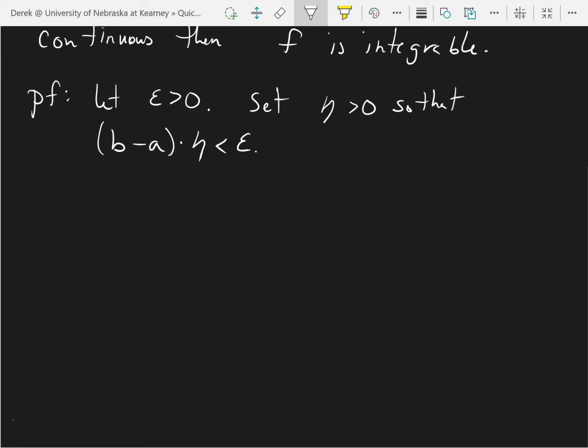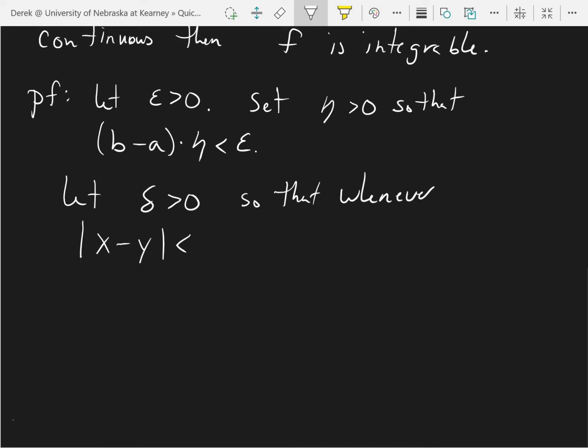We want to choose eta greater than 0 so that b minus a times eta is less than epsilon. Alright. Let delta be bigger than 0 so that whenever x minus y in absolute value is less than delta, f of x minus f of y in absolute value is less than eta.